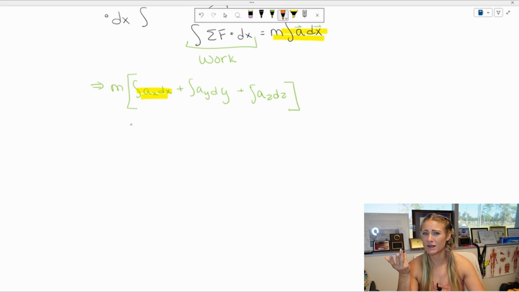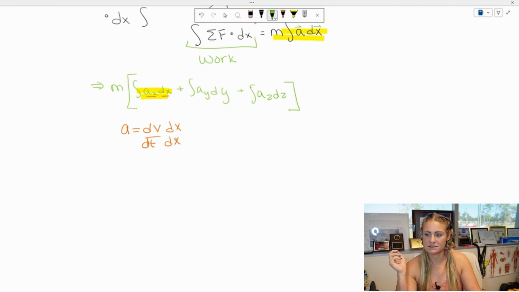Well, when we integrate, we do it with respect to time, and this is with respect to distance. So I can't. I have to use the chain rule. If I recall, a is equal to dv/dt. To get acceleration in terms of position, I have to use the chain rule, so I'm going to do dv/dx times dx/dt.